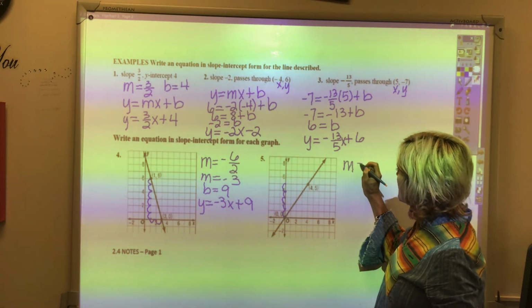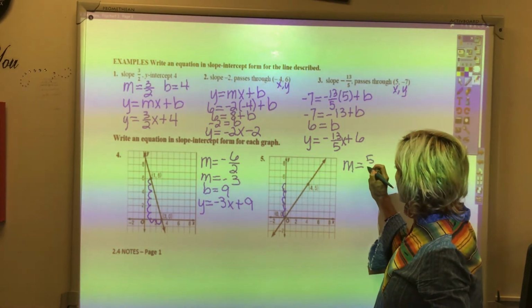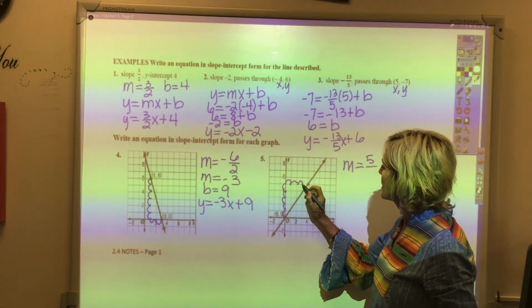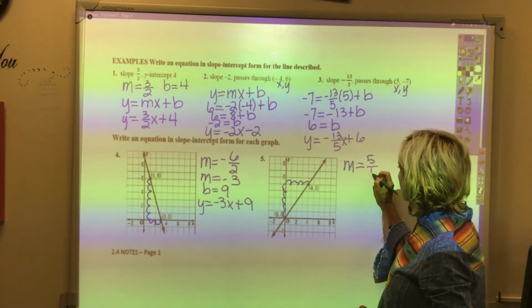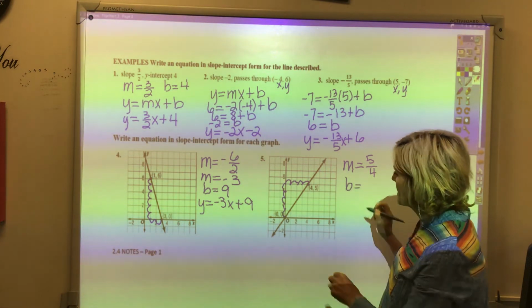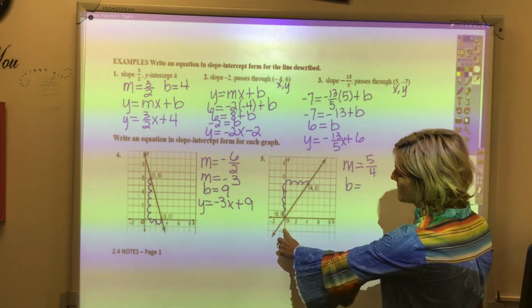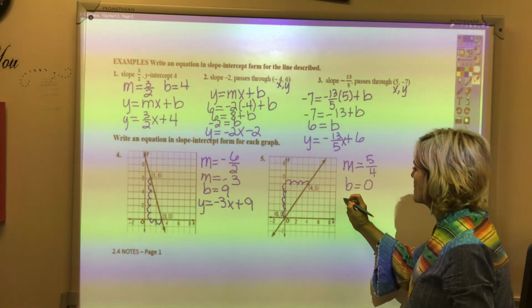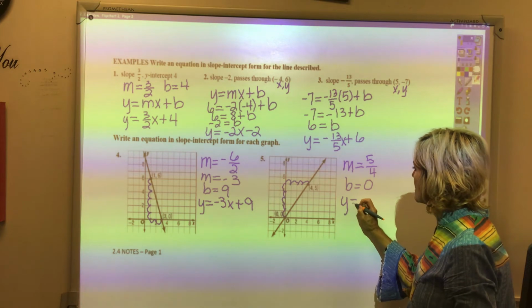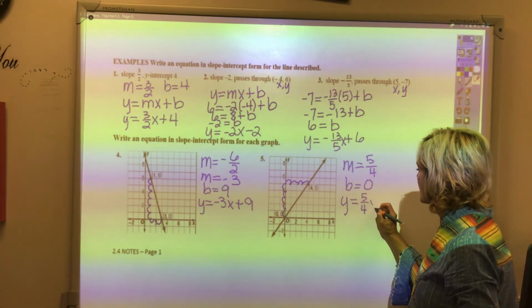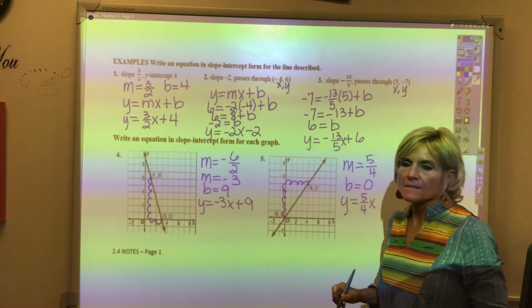So m is going to be 5 over 1, 2, 3, 4. 5 over 4. B this time is at 0, where we're crossing the y-axis. So our equation of the line would be y equals 5 fourths x. We don't need the plus 0.